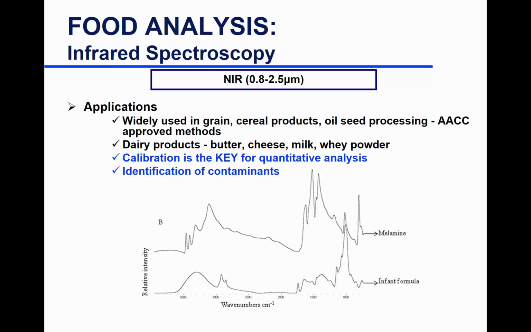It's been used quite a bit for identification of contaminants, and this is a near IR spectra, for example, of how infant formula will look and how melamine will look.